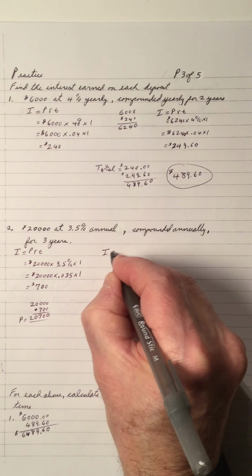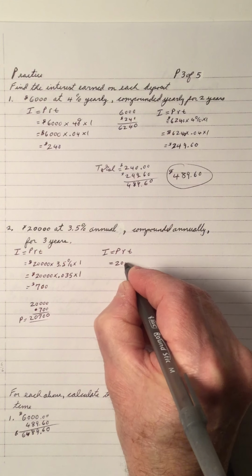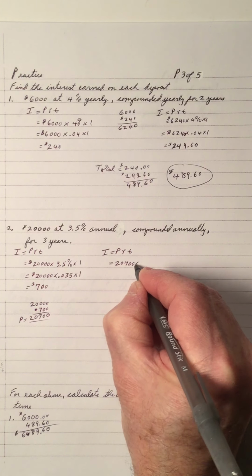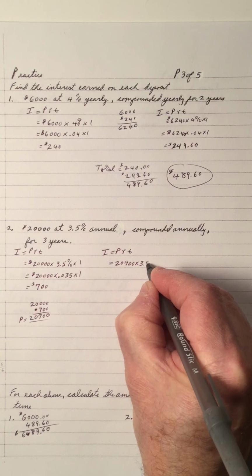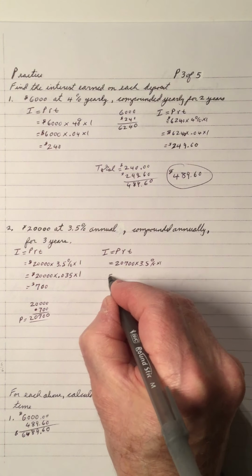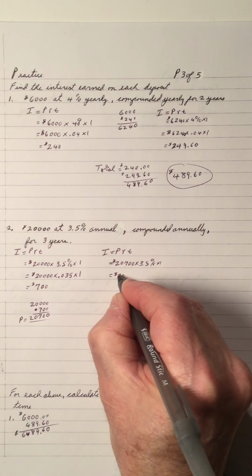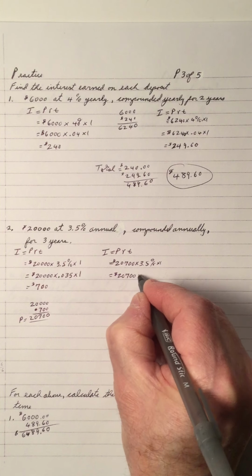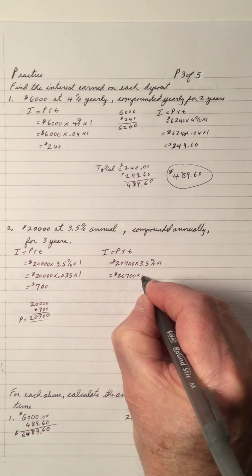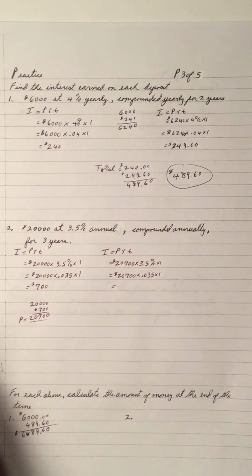So your interest equals principal times rate times time. So you have $20,700 times your 3.5% times 1. So it's 20,700 times 0.035 times 1. And we'll put that in the calculator.